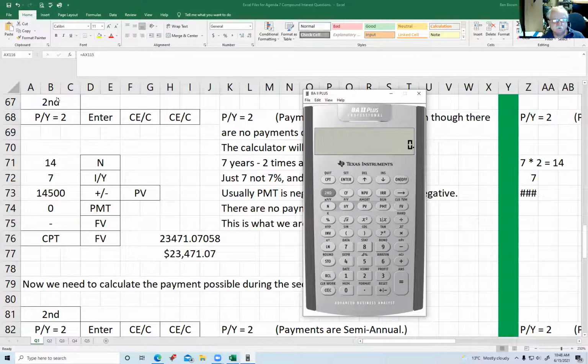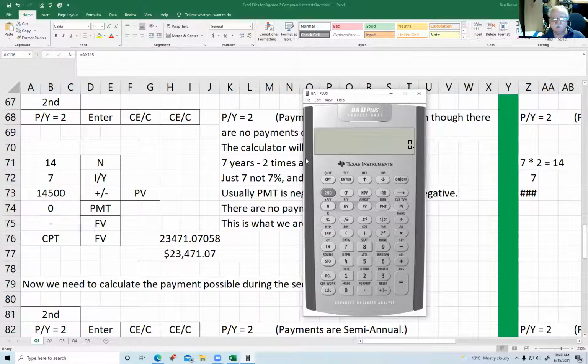Because this is semi-annual, I've got to have second PY equals 2, enter and clear. I don't have to set CY because it's a simple annuity, so I don't have to set CY and PY separately.